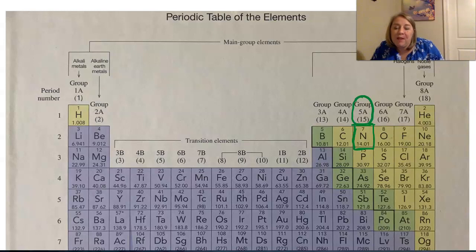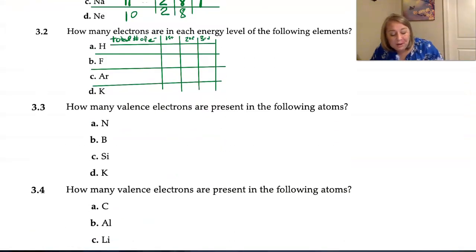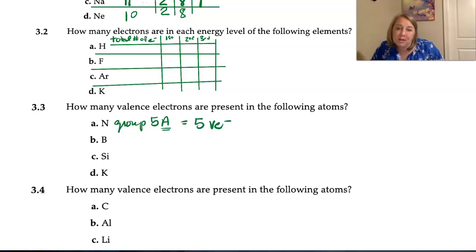We're in group 5A. So that tells us that we have 5 valence electrons. That's that simple. All you have to know is what group it's in. Remember, if it's an A, it's a main group element, so you can do this. It's 5 valence electrons.